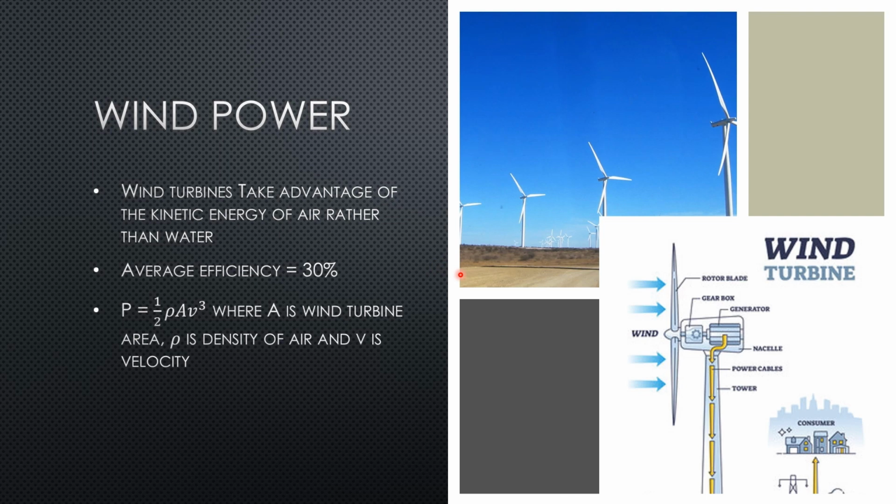That's not all. So there's this thing called wake effect. You see all these wind turbines lined up. If this turbine, for example, receives an airspeed of 100 meters per second, since this wind turbine is directly behind this wind turbine, this wind turbine already slows down the air, and as you can see, velocity is directly proportional to power.